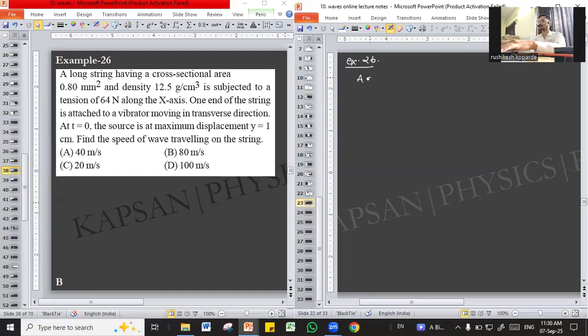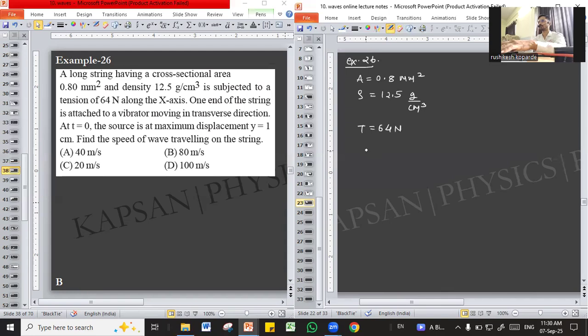A long string having a cross-sectional area of 0.8 millimeter square and density 12.5 gram per cm cube is subjected to a tension of 64 Newton along the x-axis.